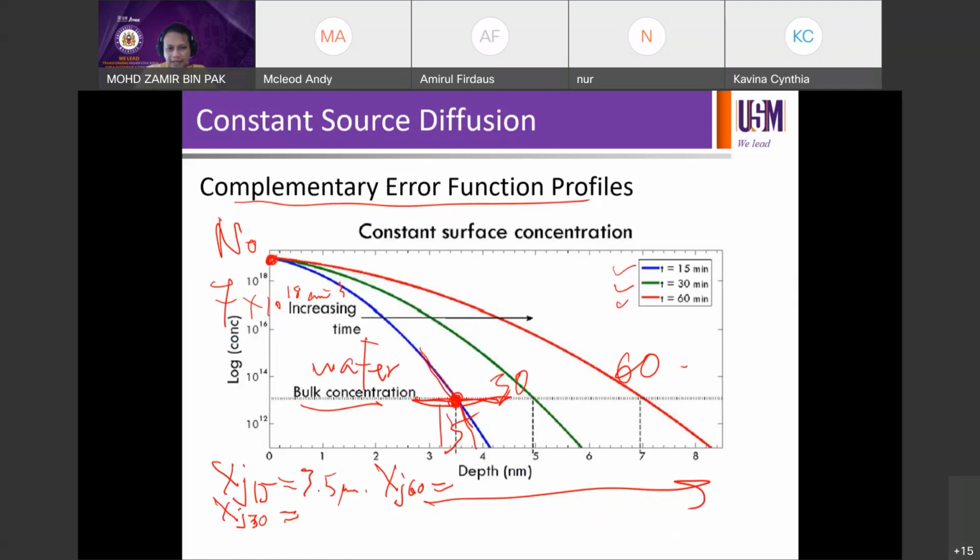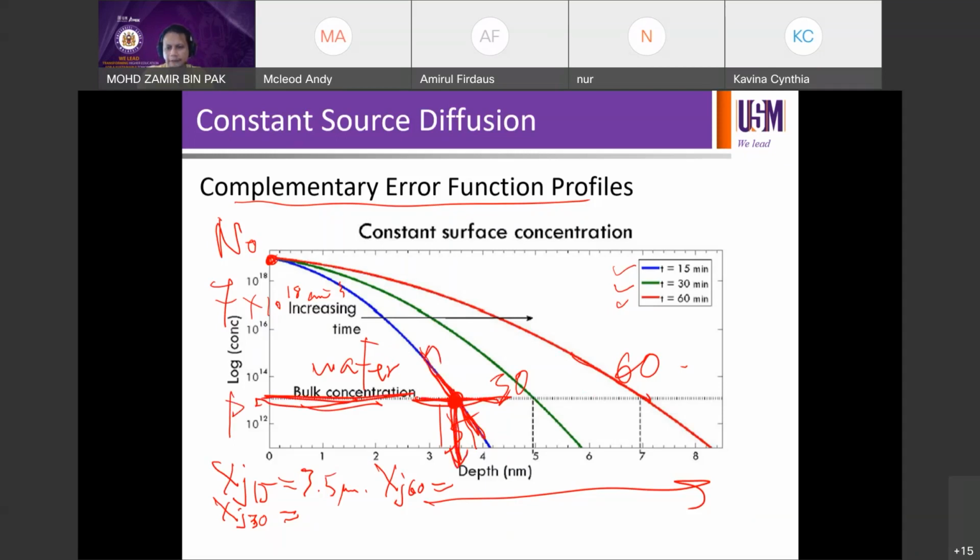Right, so how about XJ30 now? How about XJ30? Sebab apa? Oh, it has to be the intercept between dopant profile ni, intercept kat sini, and the bulk concentration. This is the wafer concentration that we dope the wafer. Say your wafer is P-type and then your dopant is N-type. So your intersection between the two profiles comes down here, right?